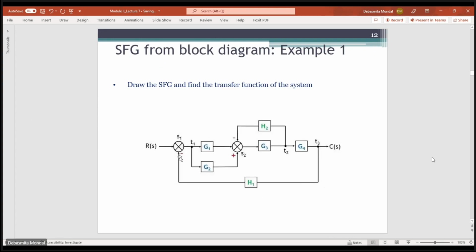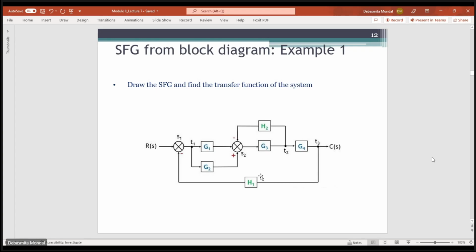You can practice this at home. You draw the signal flow graph, and then you try to find the value of the transfer function. Also, you can try to do block diagram reduction and then compare whether you are getting the same value, because at the end of the day, the transfer function of the system remains the same, irrespective of how I am deriving it.